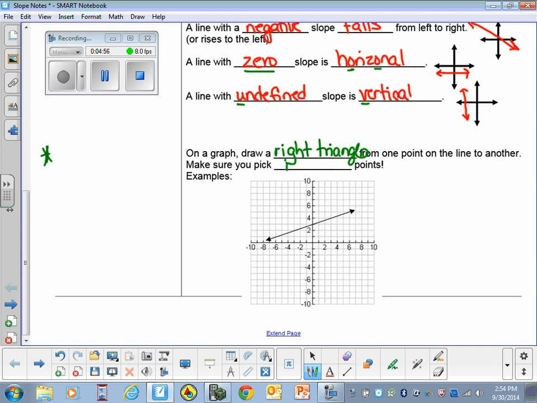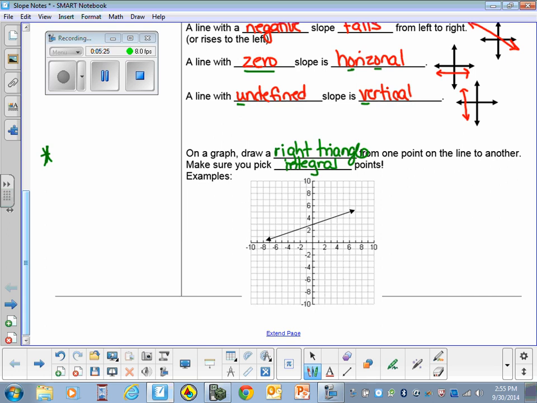Make sure you pick integral points. Now, integral is a great mathematics vocabulary word that will show up on the SOL. Integral sounds like integer, and that's exactly what we mean. No decimals, no fractions, pick integers. I used to always call them pretty points, and then the word integral started showing up on the SOL, so now I try to use that word more often.